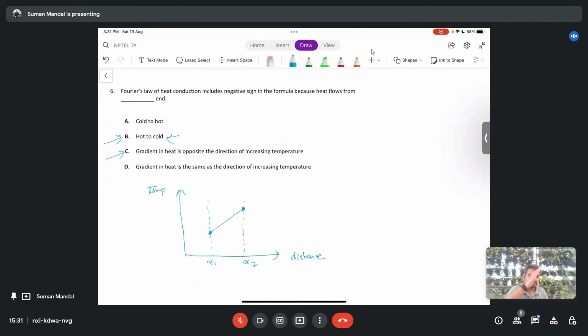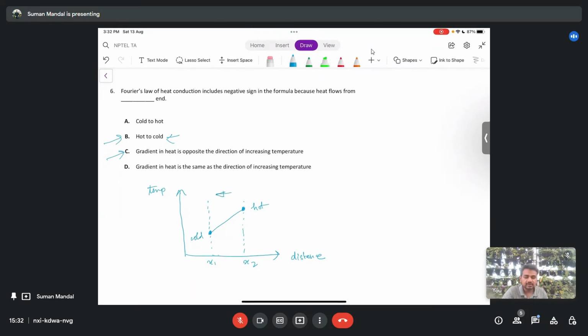Considering that everywhere inside the material it's a linear increase in temperature, we know that it's hot and it's cold. So this should be the direction of heat.